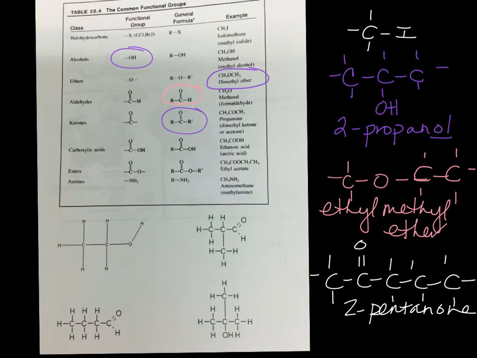Esters. Esters have that unique C double bond O bond in the middle of the chain, and the reason being is because esters are formed from a reaction between an alcohol and organic acid, and it's a dehydration synthesis reaction, which means that they remove water, an H from one and an OH from the other, the alcohol and the acid, and then the two parts that are left link up to form the ester.